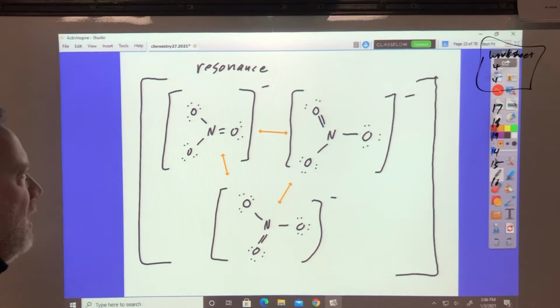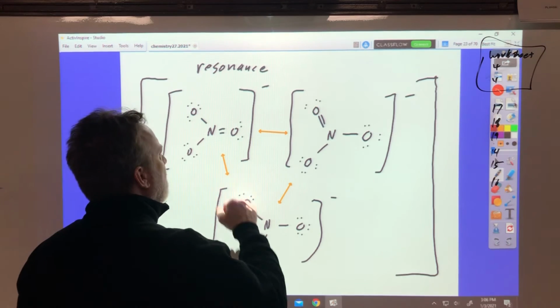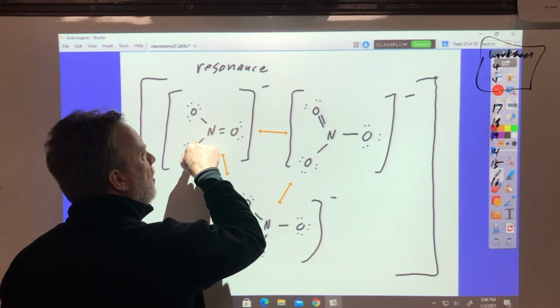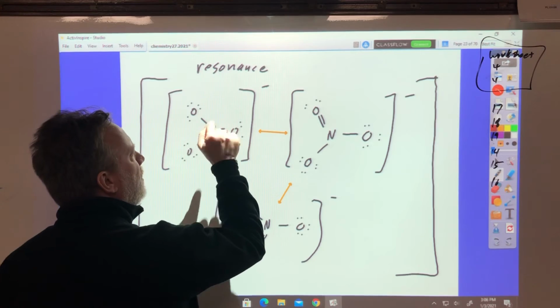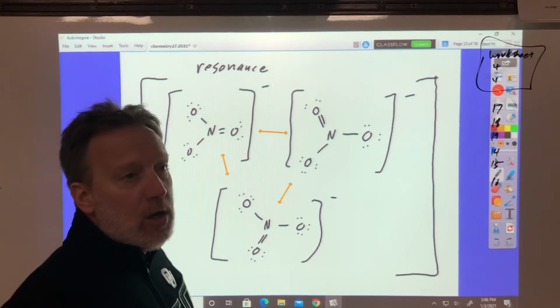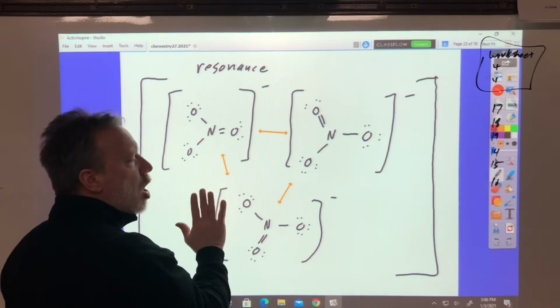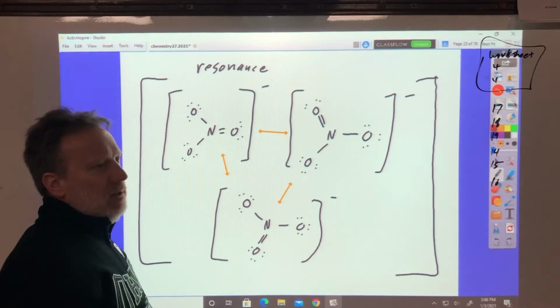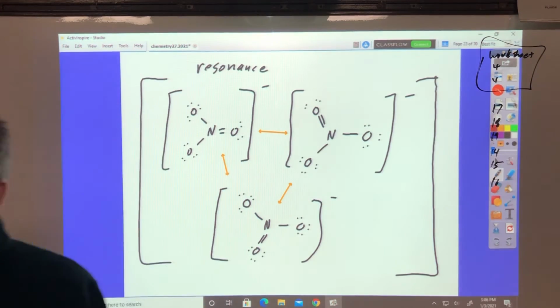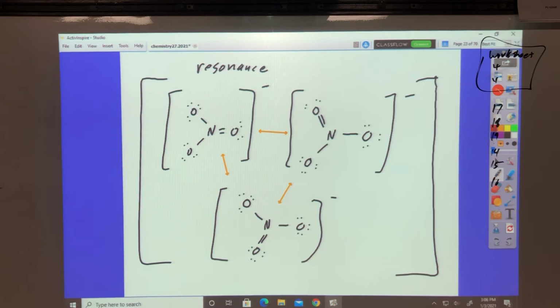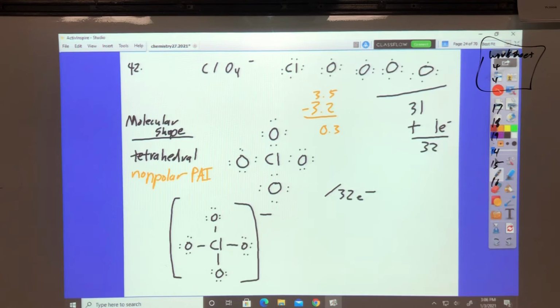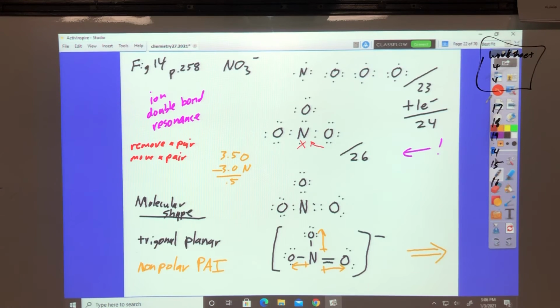And what that basically means is it acts like it's got some double bond character here, and some double bond character here, and some double bond character there. So all of these bonds and all these charge distributions are equivalent. So it doesn't have a polarity because it does resonance. Shape is trigonal planar.